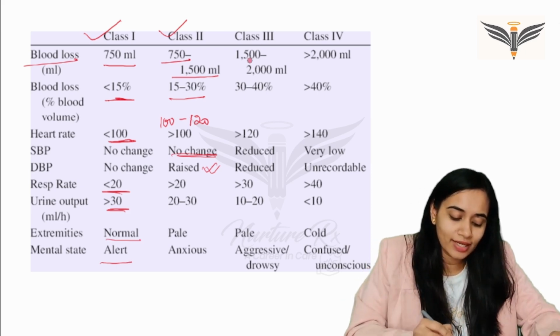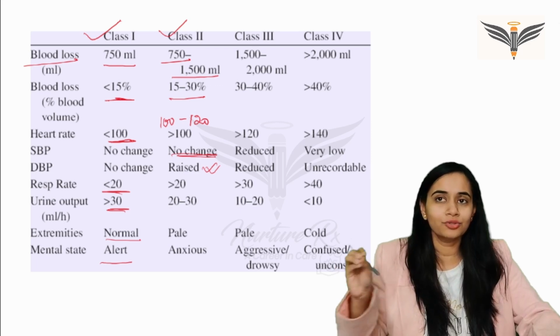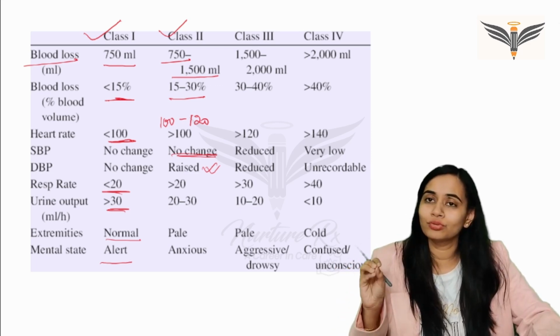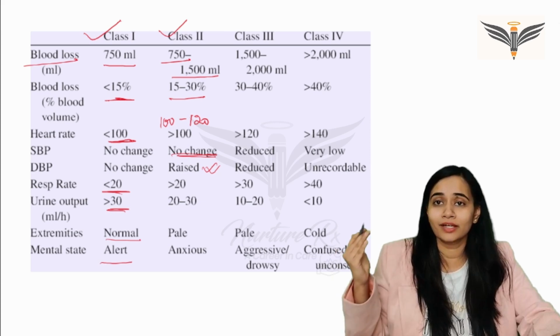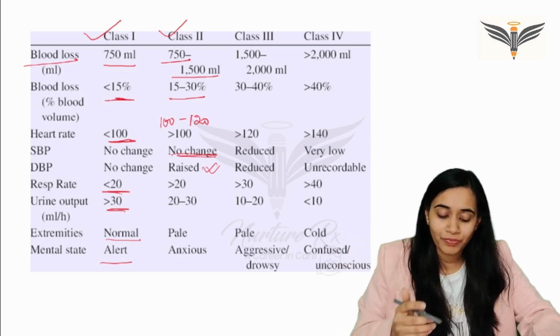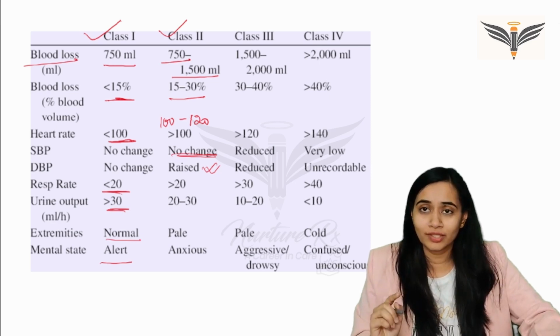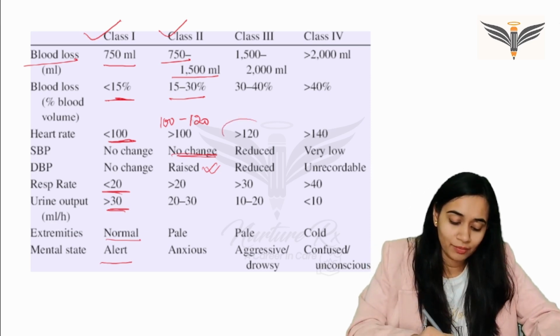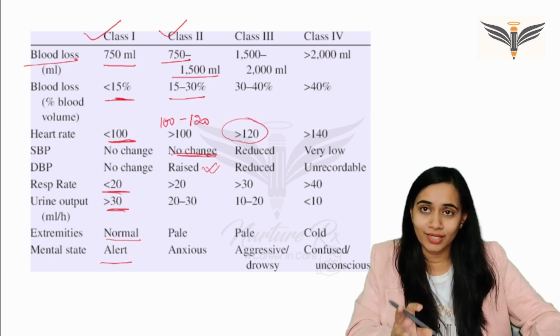What is there in class 3? 1500 to 2000 ml, 1.5 to 2 liters of blood loss has already occurred, which makes up 30 to 40% of your total blood volume, right? Here the heart rate is going to increase to more than 120. This is very important. Class 3 demands your utmost attention.